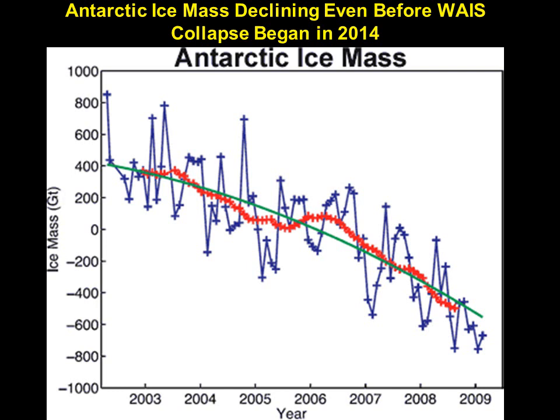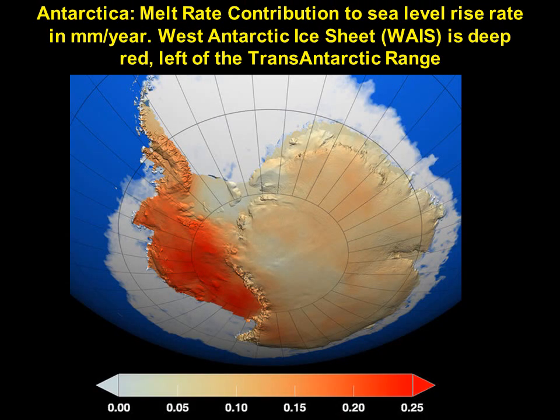Antarctic ice loss accelerating as well. So the green line is the best fit. So this is the boundary between West Antarctica, which is here, and much higher East Antarctica, which is here.